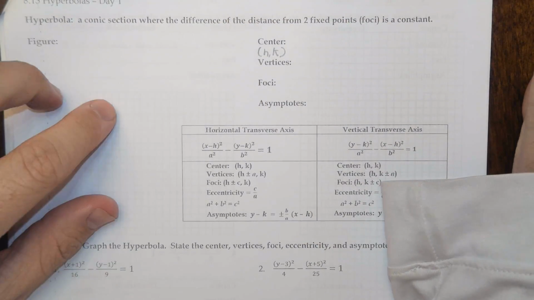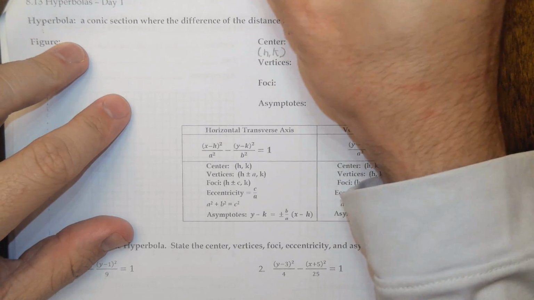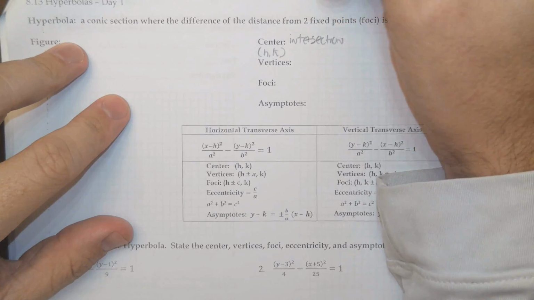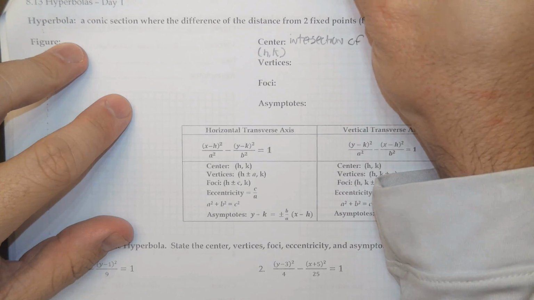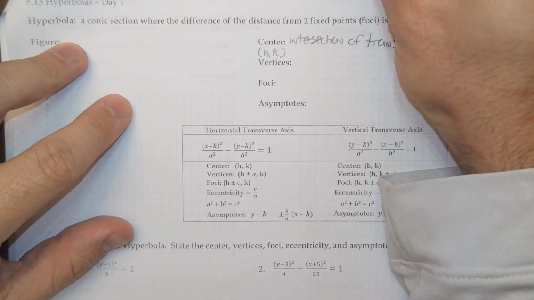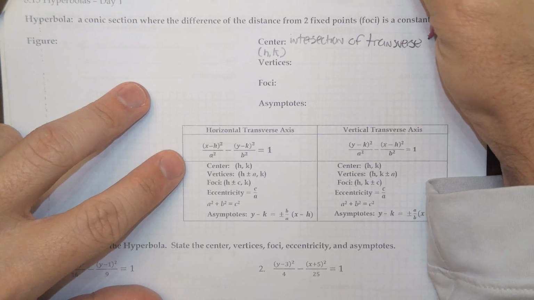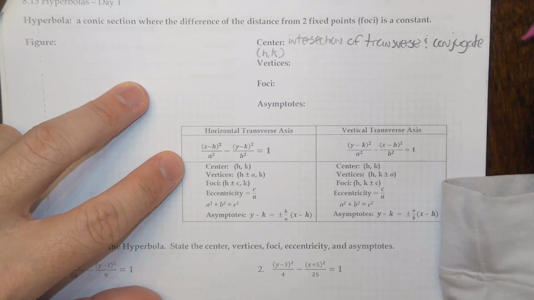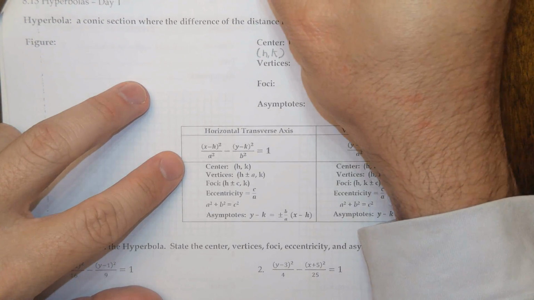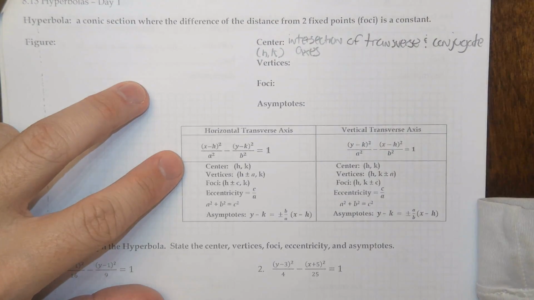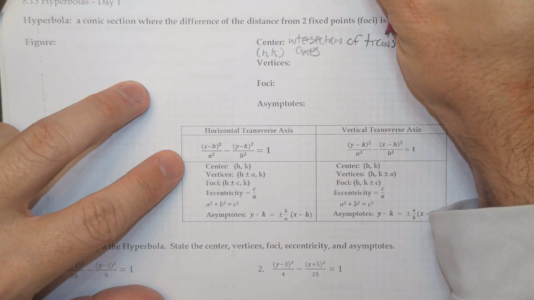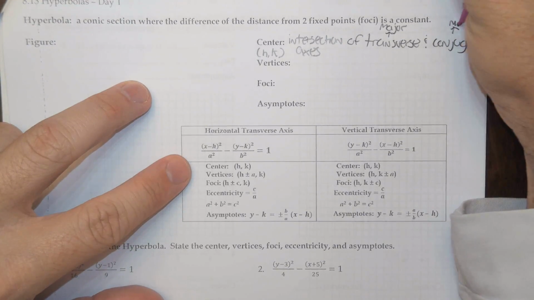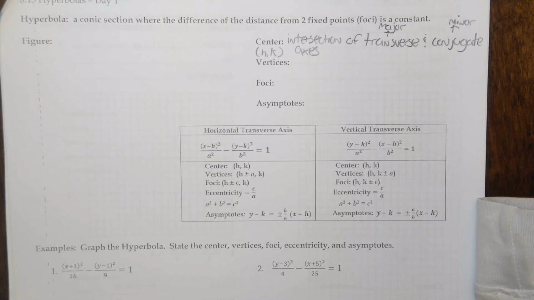The definition is the intersection of the transverse and conjugate axes. Now, I know we've been using major and minor. Transverse is another word for major. Conjugate is another word for minor, okay?